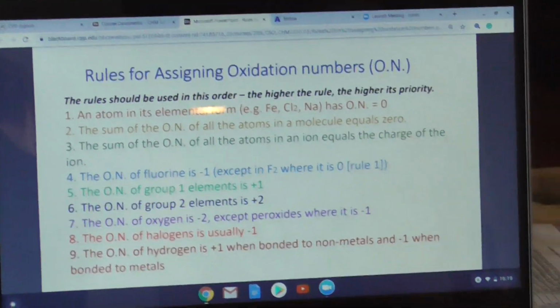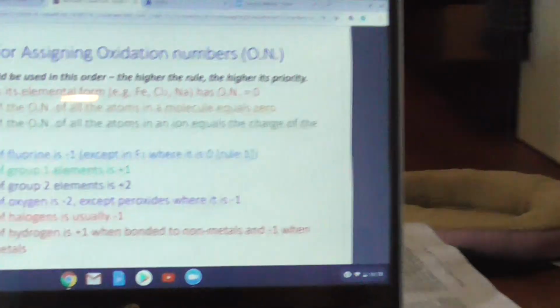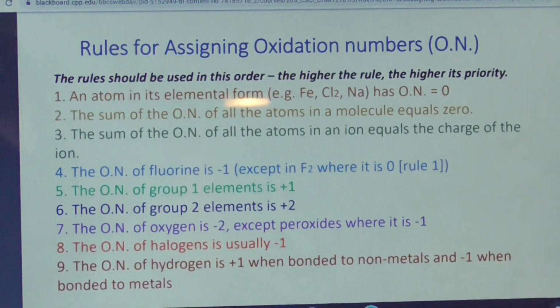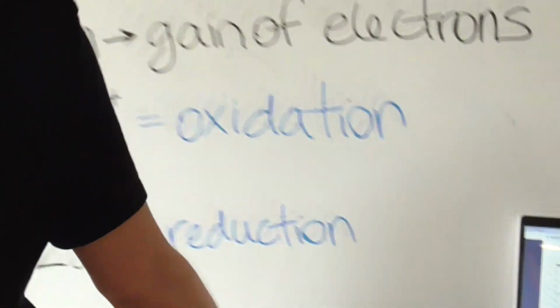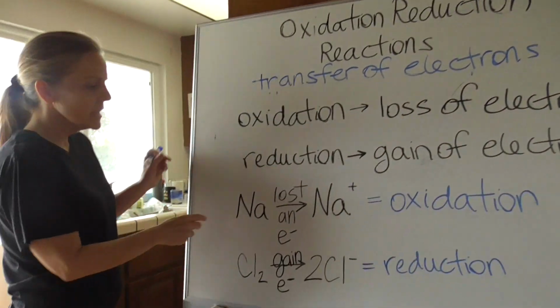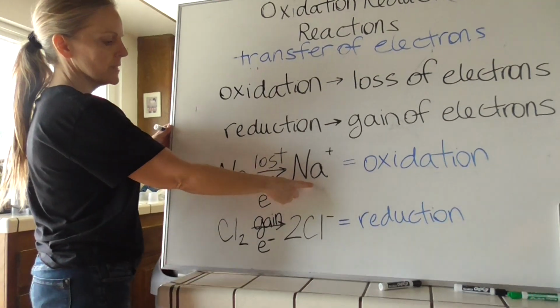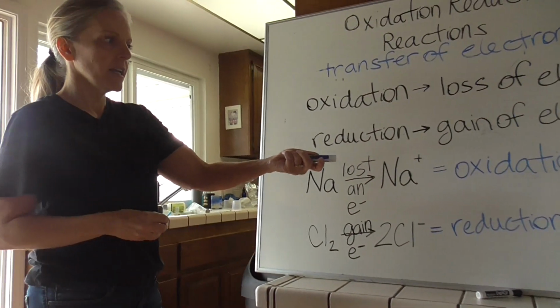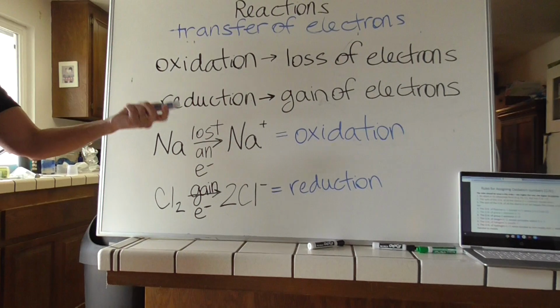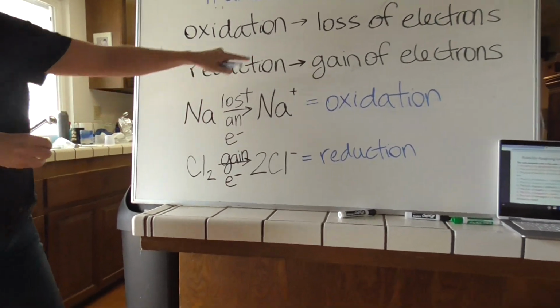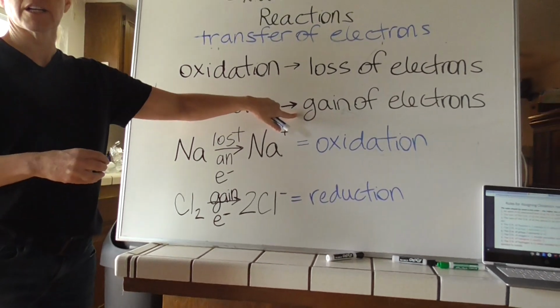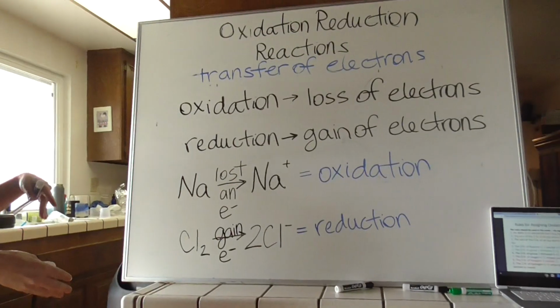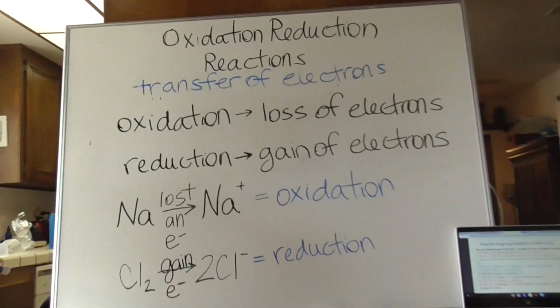But I'm going to point to these as we do some of them because you have to be able to look at each one of these atoms, say what its oxidation number is and how that oxidation number changed to figure out if it gained or lost electrons. Did it go up or down in those oxidation numbers?